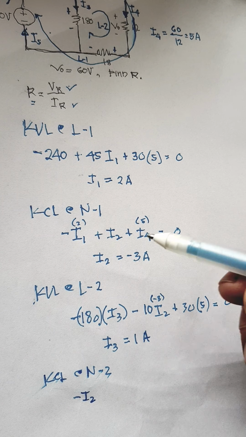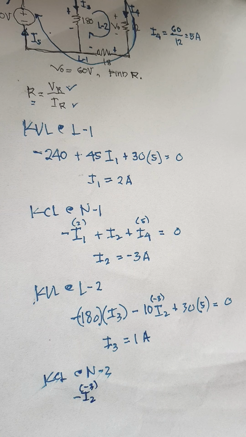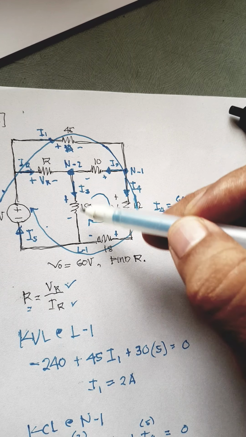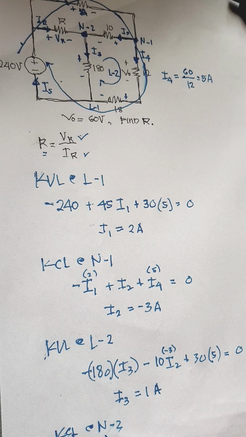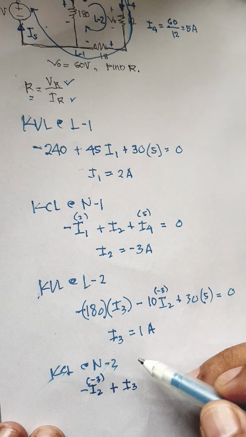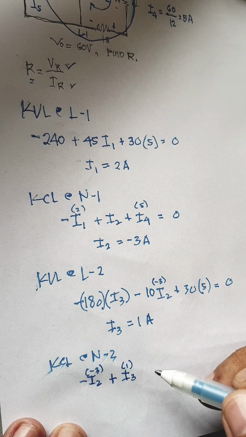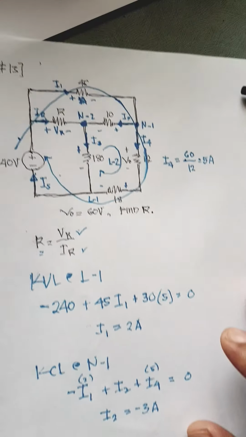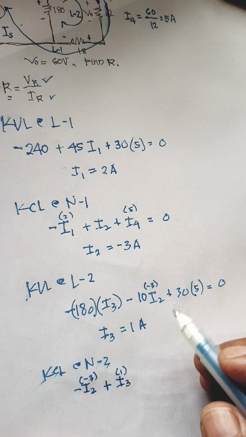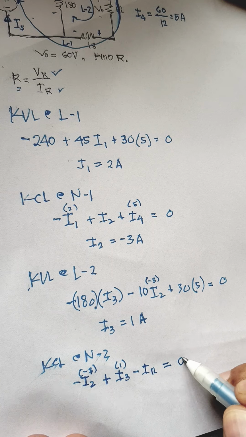And I2 is negative 3, so let us put there negative 3. And then I3 is away from the node, plus I3. But what is I3? I3 is 1. And then IR, how about IR? It's entering the node, so minus IR equals 0.